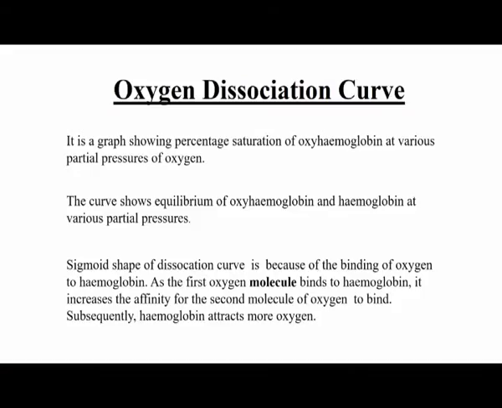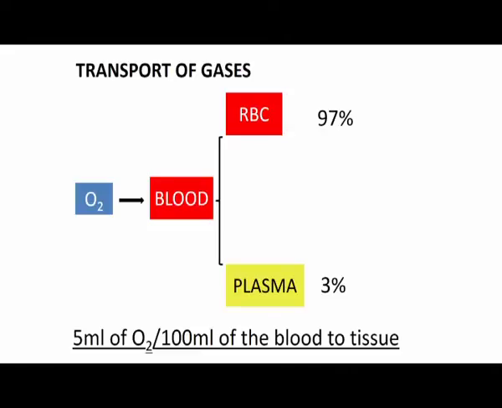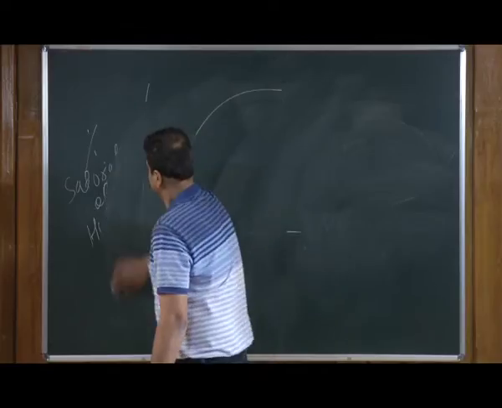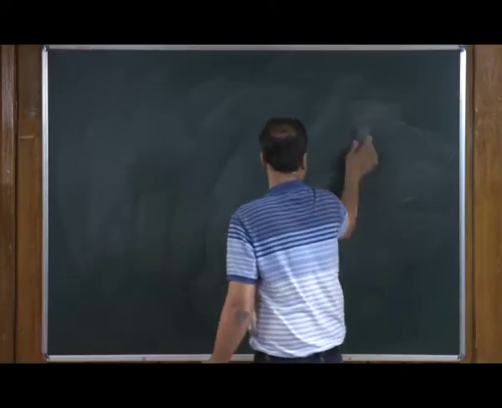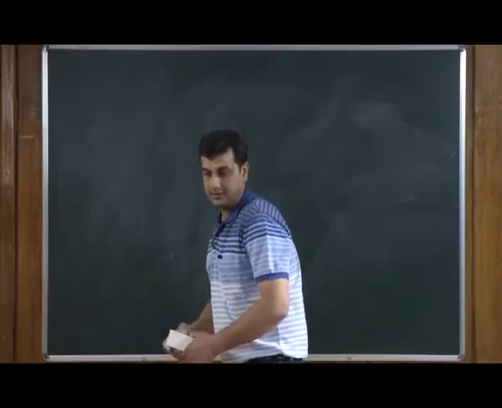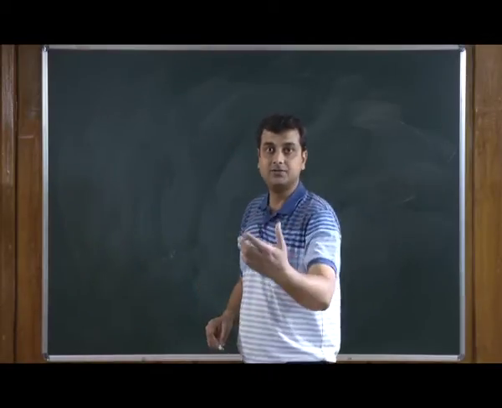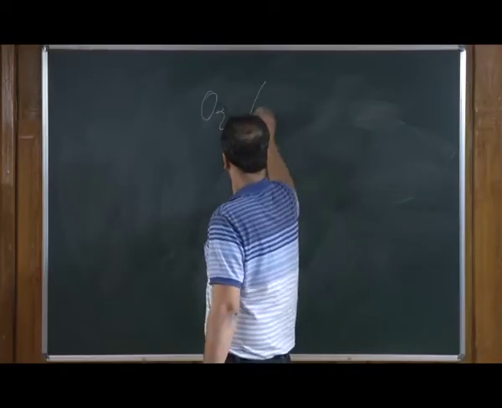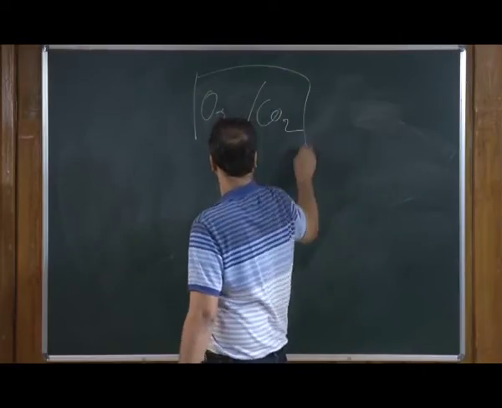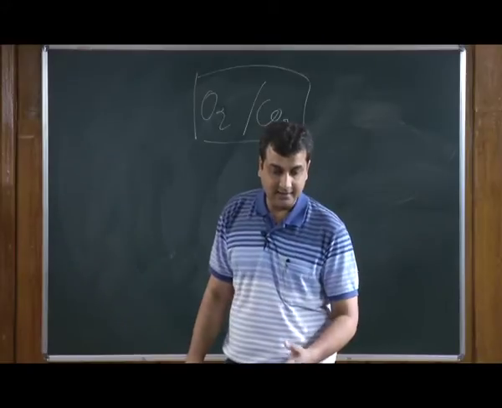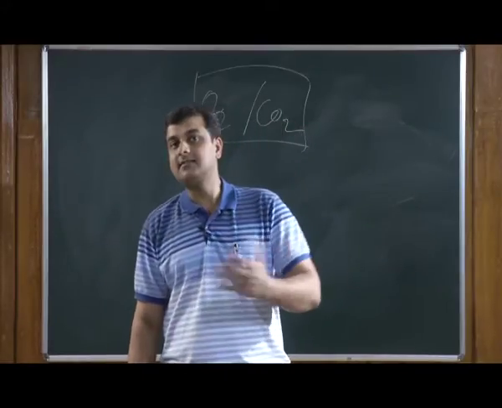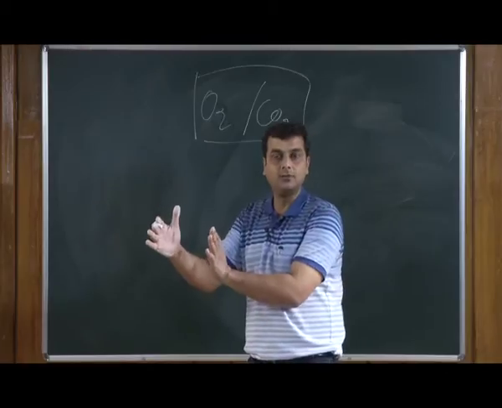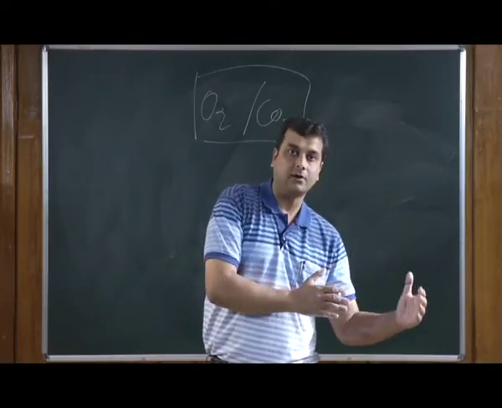Next in the slide, we discuss the transportation of gases, mainly oxygen and carbon dioxide transportation, CO2 and O2. These two gases are transported in the blood, and the blood comprises the cellular part, which is called RBC, or red blood cells, and the liquid, watery part, which we call plasma.